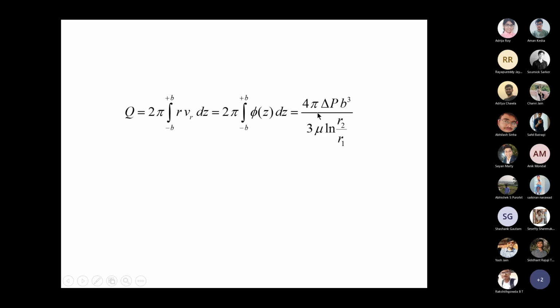So if you can measure Q as a function of delta P, the applied pressure difference, making sure that you do not get into a high velocity situation, the unknown here is going to be mu, so this expression can be used for measuring the viscosity.